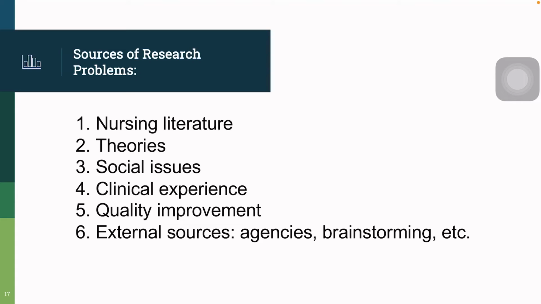Another is your clinical experience. For clinical experience, it may be your observations, or the experience of staff nurses, or you as student nurses, your experience when you had your rotations or exposure to the hospital or to the community setting. And of course, external sources from other agencies, or through brainstorming, etc.